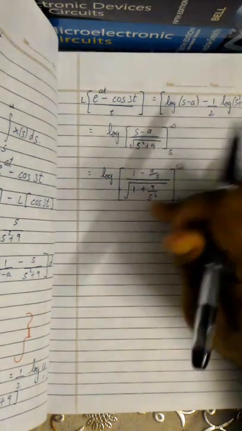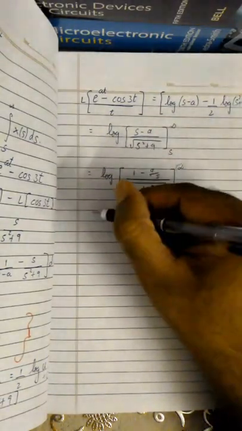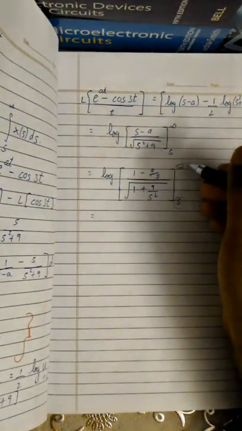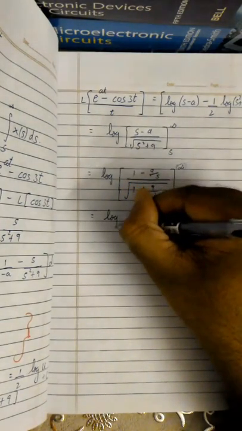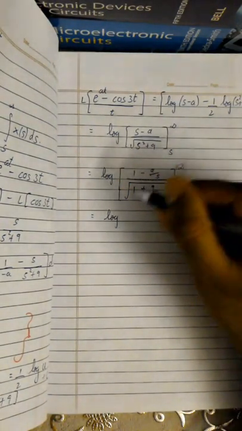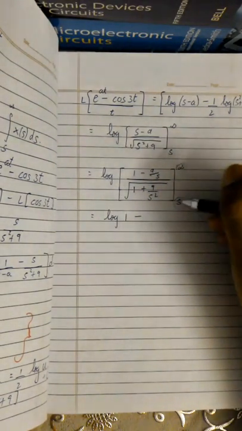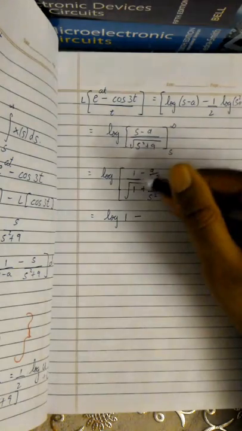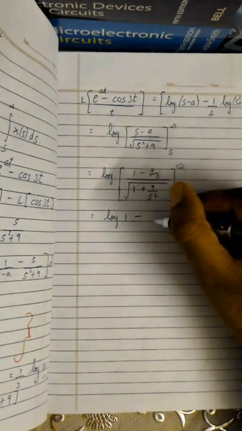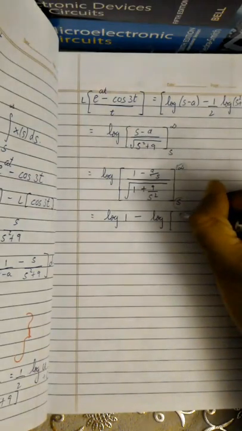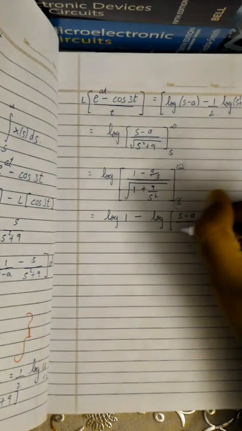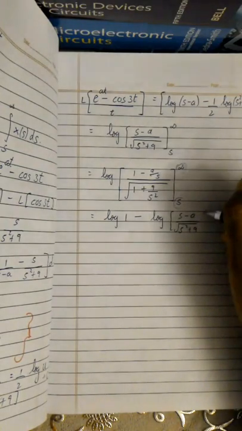So when I substitute infinity in this equation, I will get log of 1 minus 0 by root of 1 plus 0, which is nothing but log 1. Minus, now if I substitute s over here, I will get the same thing, that will be log of s minus a by root of s square plus 9.